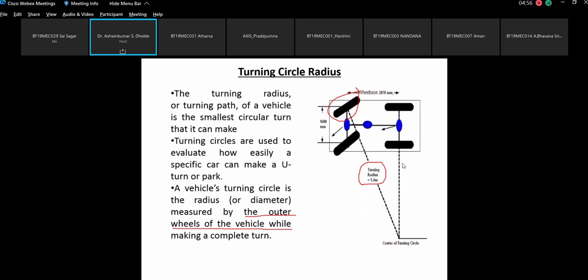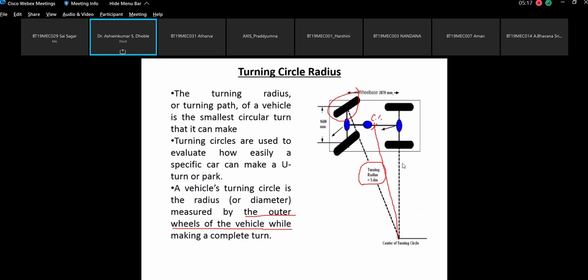In this particular figure, it is shown that the turning circle radius comes out to be 5.4. So this is one thing. Some people define turning circle radius with respect to the center of the vehicle, that is, with respect to the CG of the vehicle.